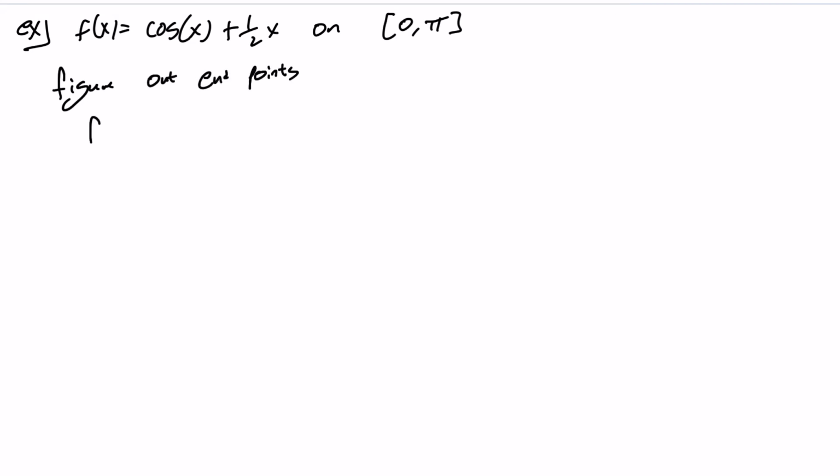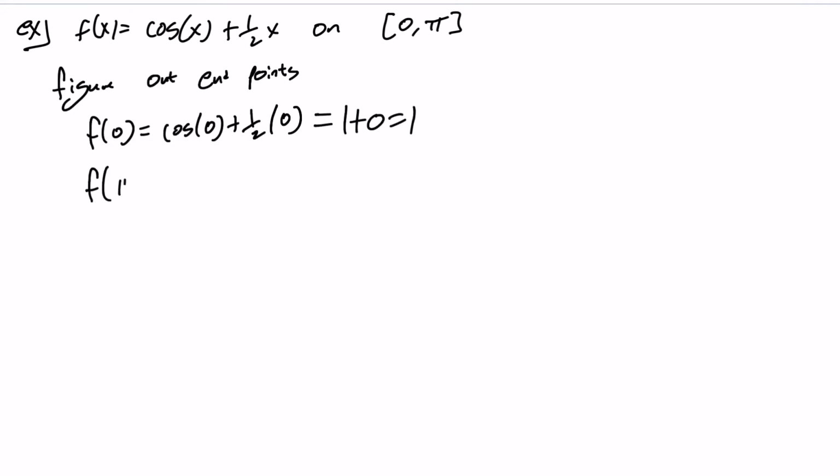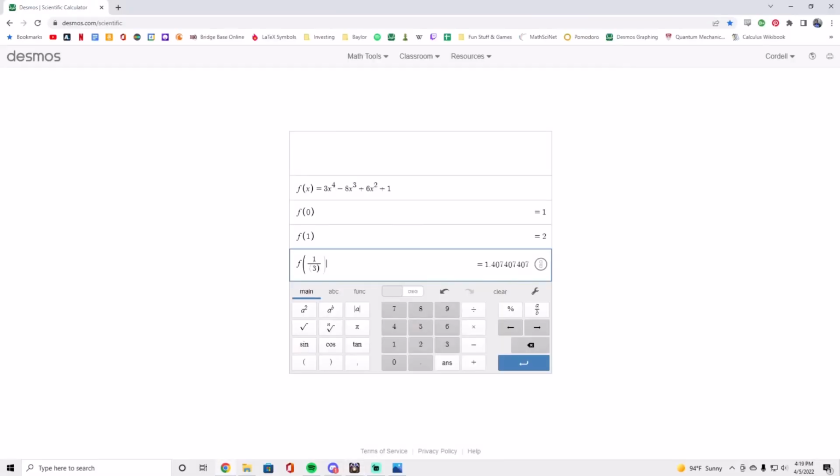And we do that by just plugging in. So f of 0 is cosine of 0 plus a half times 0. So that's 1 plus 0 equals 1. Then f of pi is cosine of pi plus 1/2 pi, which is minus 1 plus pi over 2, which I'm not sure what that is numerically.